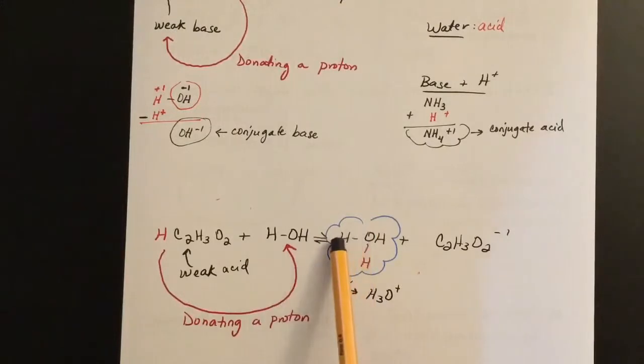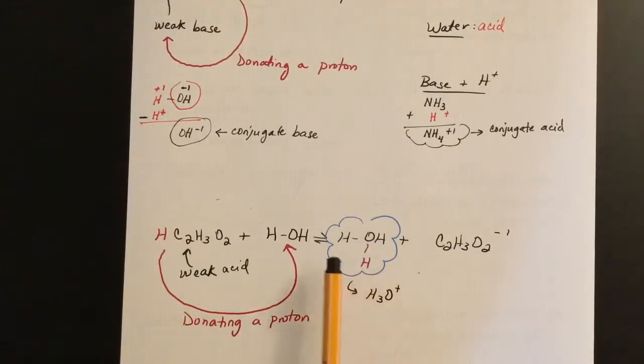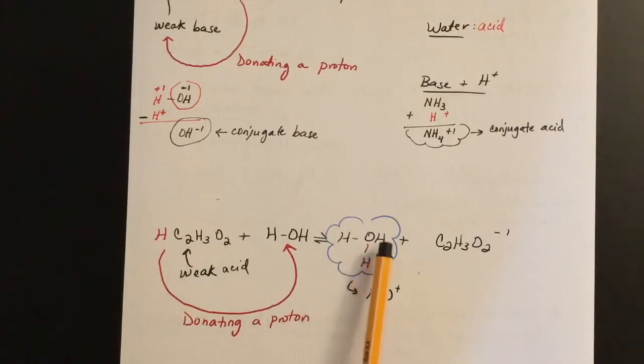So HOH is your original water molecule. And now that water molecule is accepting the proton from the acid, and you're getting 1, 2, 3 H's, H3, and your oxygen. And you have a positive charge because your water molecule is neutral. You don't have a charge. And now it's accepting a proton, which is H+.